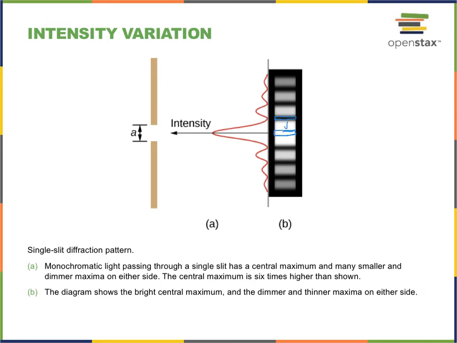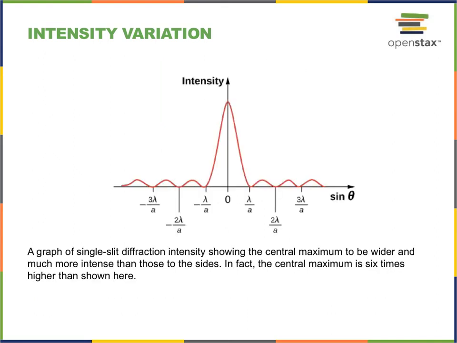But between these two locations, it's a smooth variation from perfectly constructive to perfectly destructive. And that's why you get that intensity variation as you go along the edge of the pattern. Again, here are other pictures showing this, graphed as a function of the sine of theta, and where you're going to find those locations.